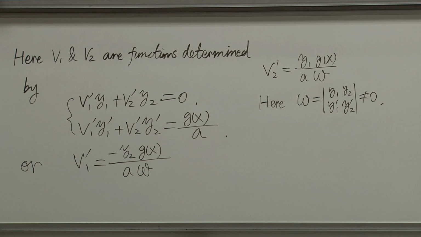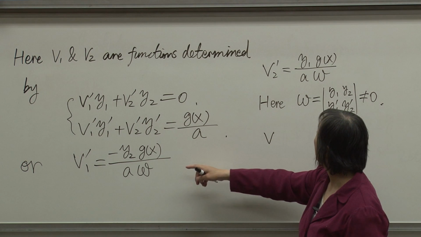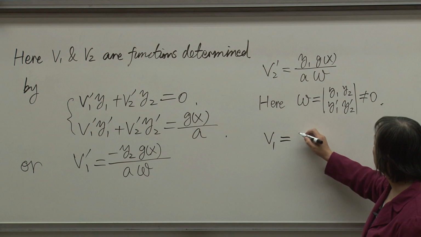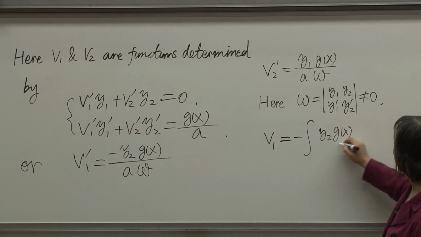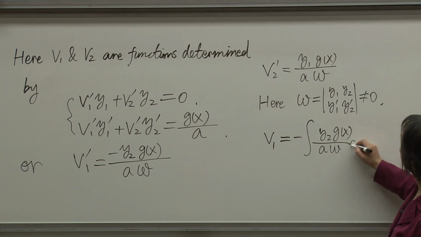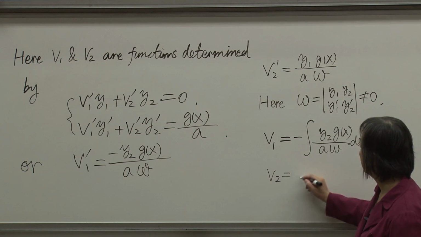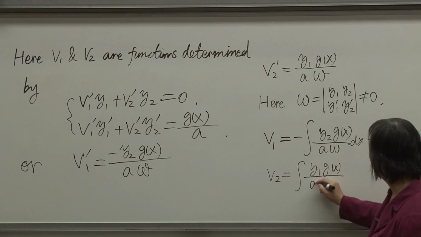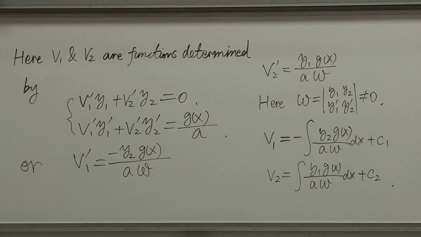So if we integrate both sides to solve for v1, v2, v1 is negative integral of y2 g of x over a times the Wronskian plus some constant c1, whereas v2 is integral of y1 g of x over a times the Wronskian plus some constant c2.